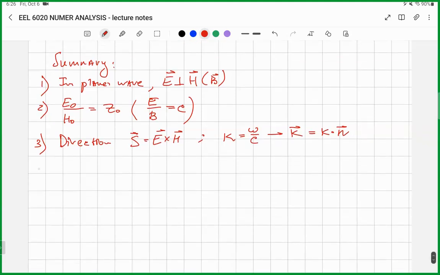Another important observation is that the phase of electric field coincides with the phase of magnetic field. So in the plane wave, the phases of electric field and magnetic field coincide, and this is an important feature, as we will see shortly.